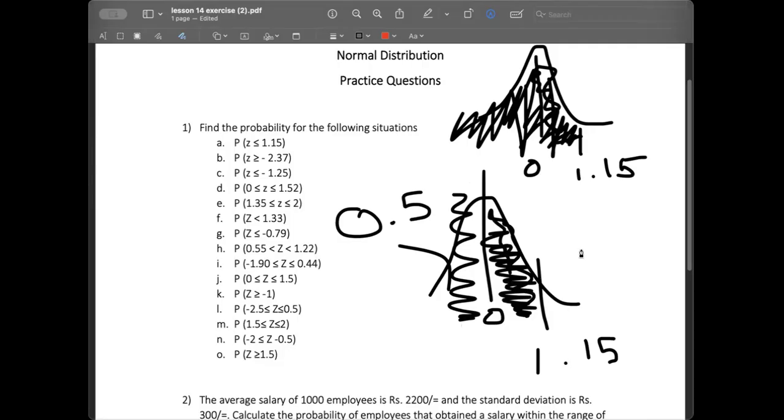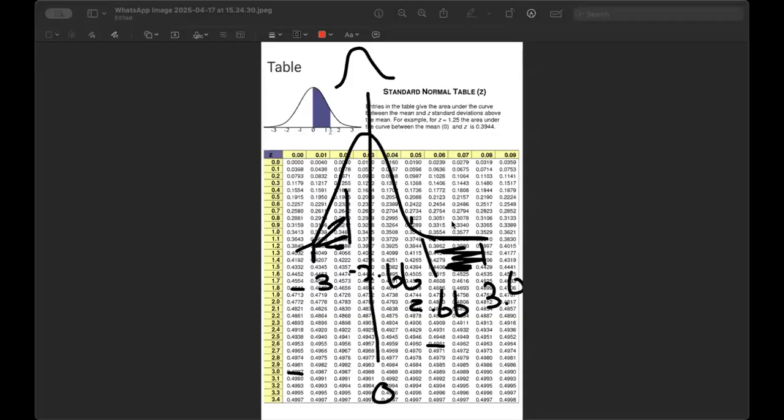In the table they have given you, they have colored blue from 0 onwards. Let me share that. See, here they have marked it from 0.